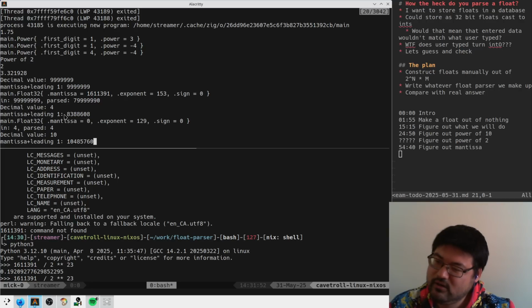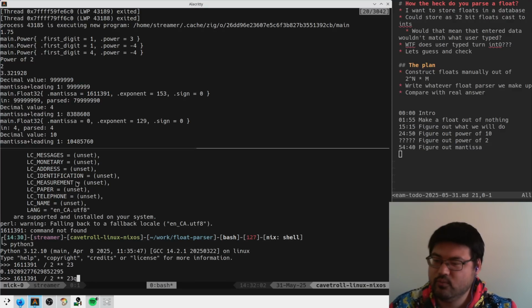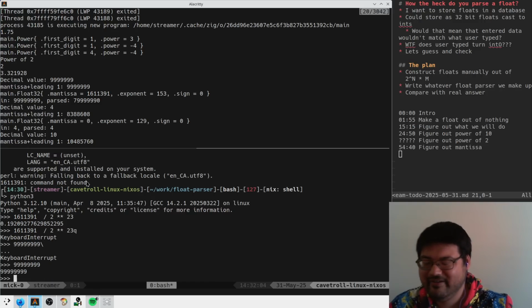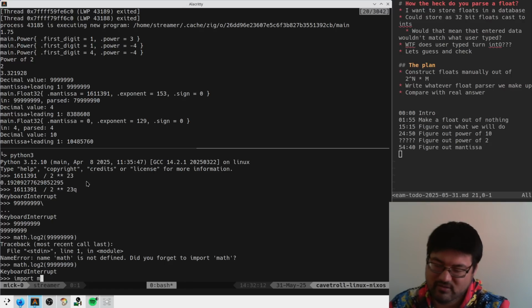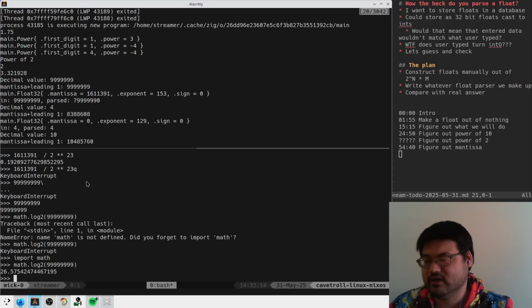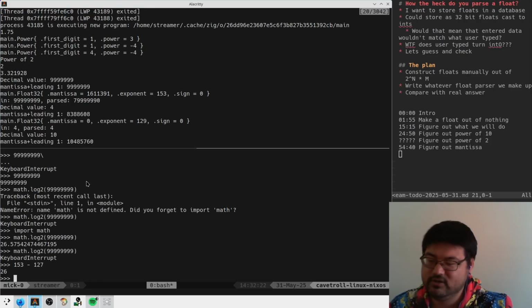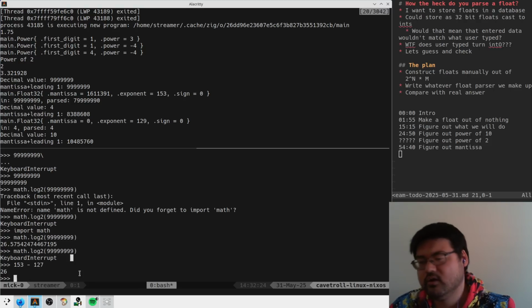And this will maybe just unlock the same fix. Okay, so what is this number? Import math. This is in the order of 2 to the 26. So 153 minus 127, so we got the right exponent here. It's again the mantissa that's wrong.